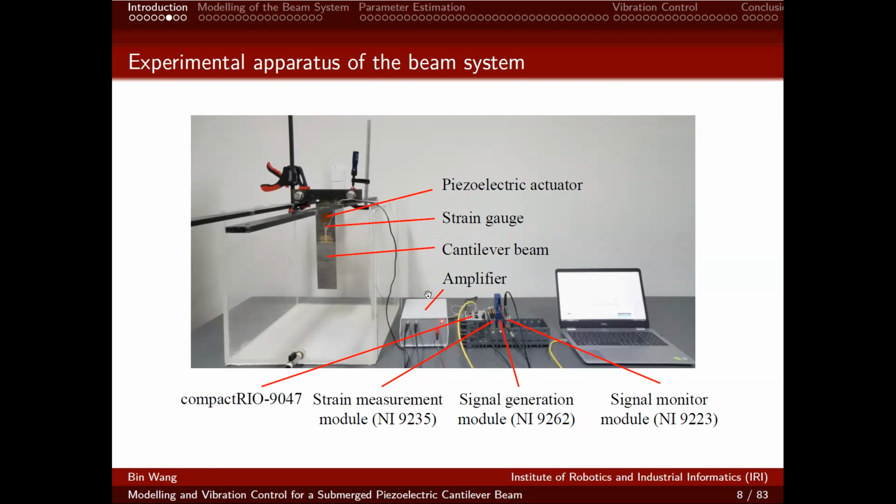And we have an amplifier that allows us to give enough voltage that can suppress the vibration or excite the vibration.